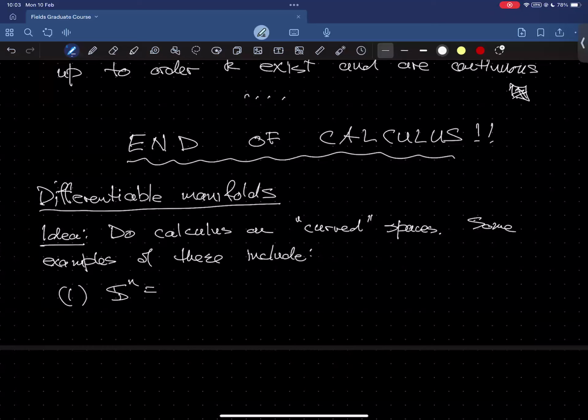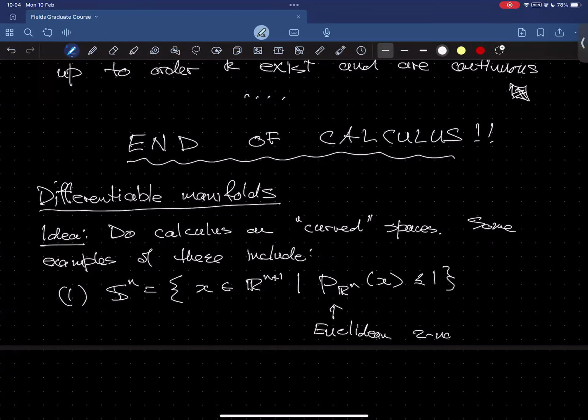This is the set of points x in R^(n+1) such that the Euclidean norm is 1. It's important what this norm actually is, because for different norms, it may or may not be a manifold, but for the 2 norm, it is. So this is the Euclidean 2 norm. Okay, and we talked about that a long time ago.